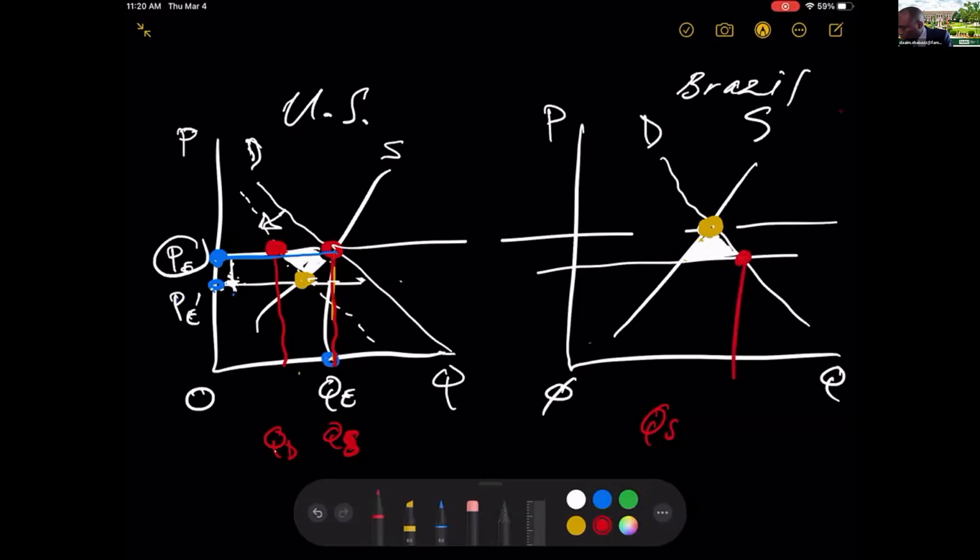And you know that because this intersects with the demand curve. So that's quantity demanded, and this is quantity supplied. So if quantity demanded is greater than quantity supplied, then this shaded area represents a shortage.